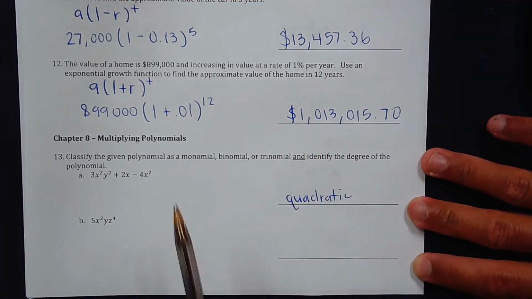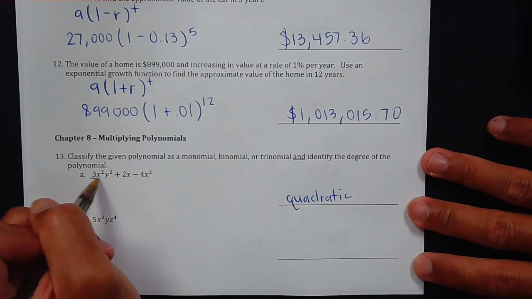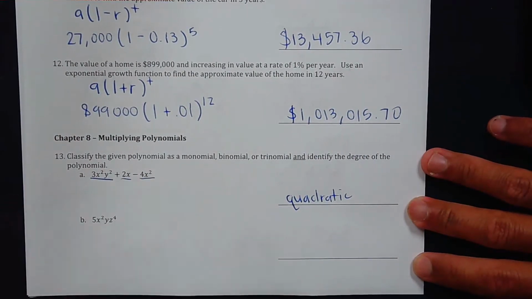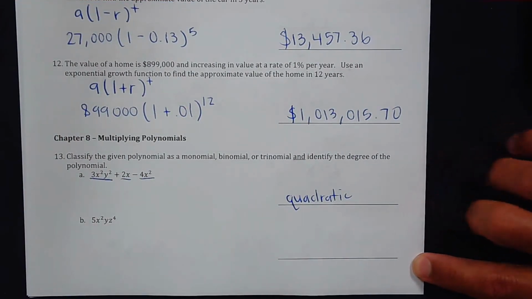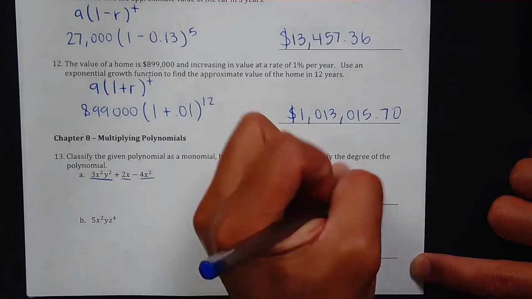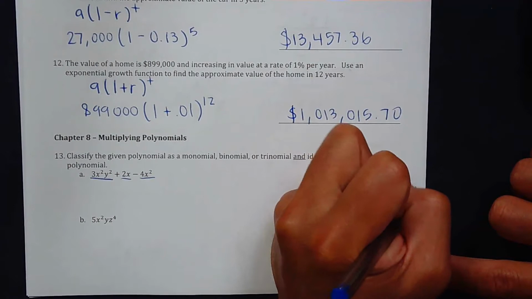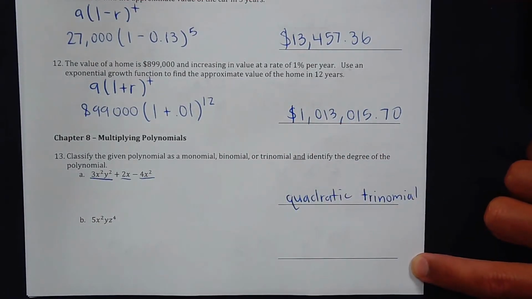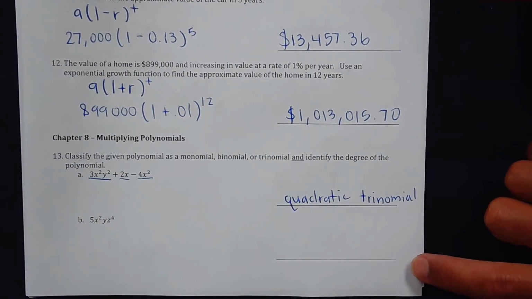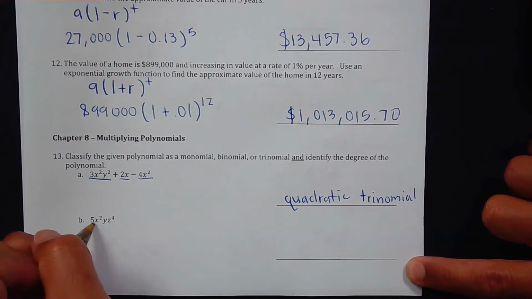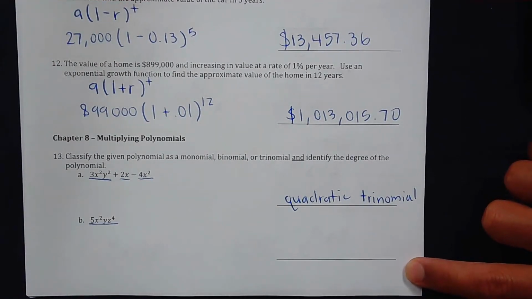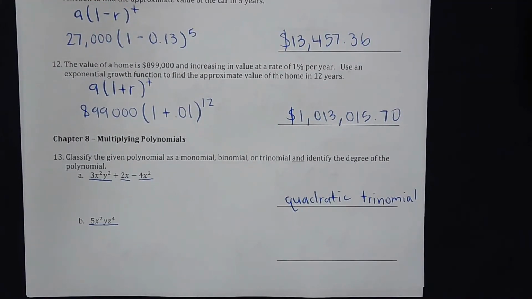And then terms. Terms are separated by addition or subtraction. So in this expression, we have 3 different terms. So we call it a quadratic trinomial. All right, with letter B, we literally only have 1 term, right? This is our whole term. We don't have any addition or subtraction in this.